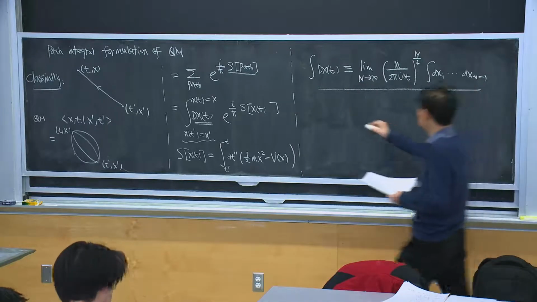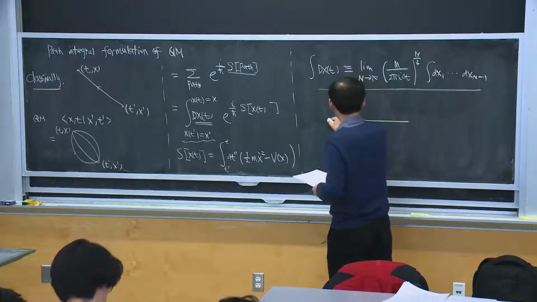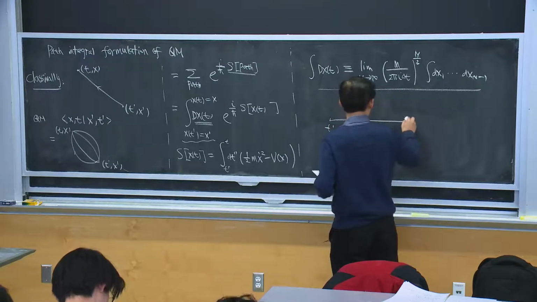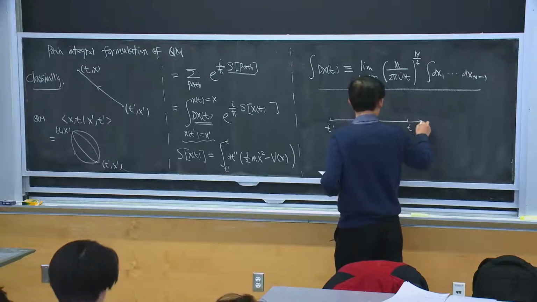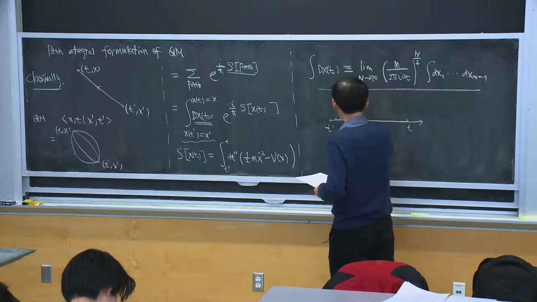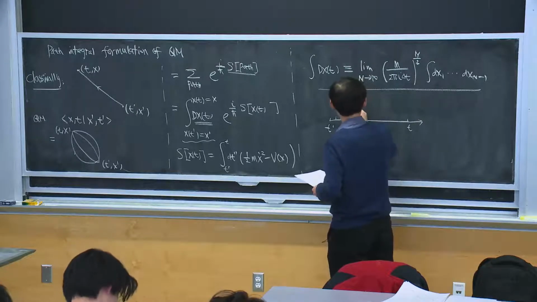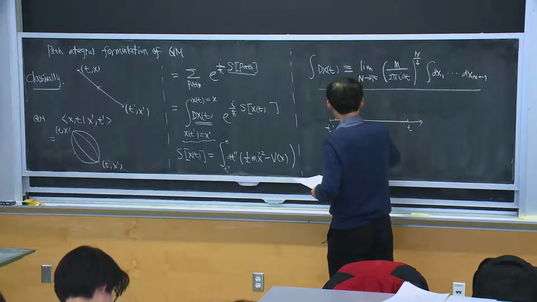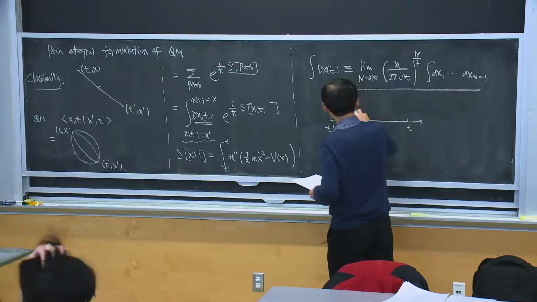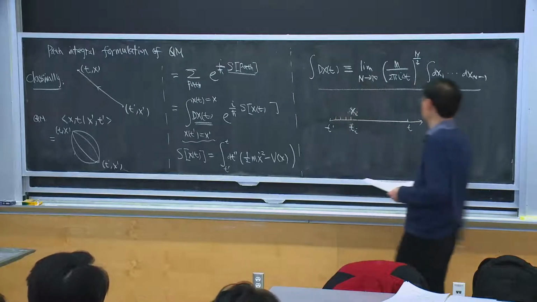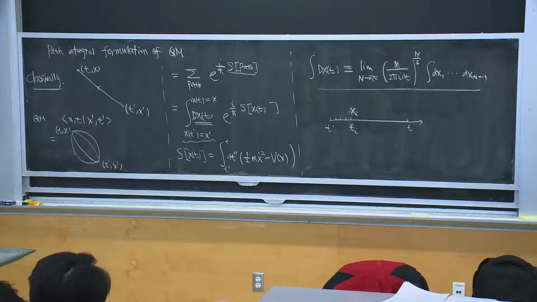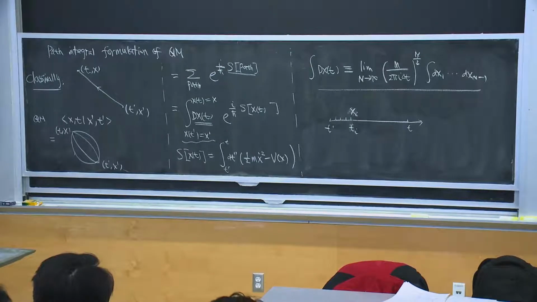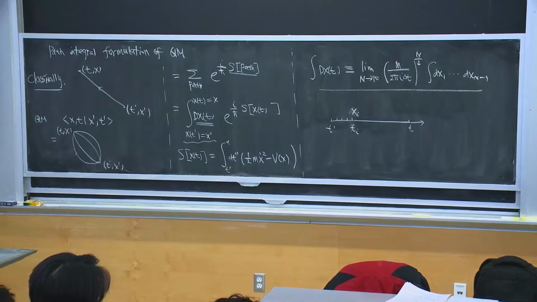So you separate the path from t prime to t into n segments. This is the time t_i, and the location will be x_i, and then you integrate over the x_i. So this is the formulation of the path integral for quantum mechanics.